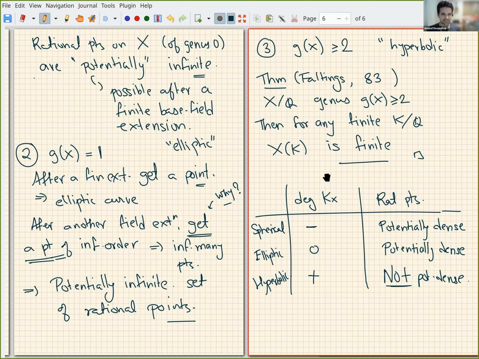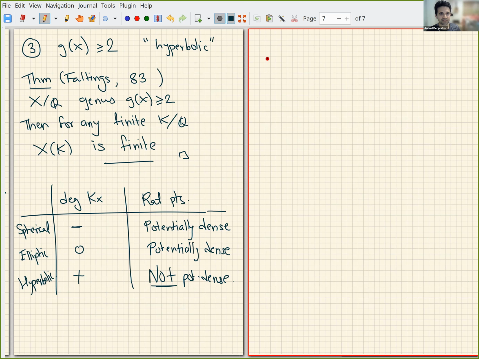And this is a conjecture that a similar story holds in higher dimensions. Conjecture, attributed to Bombieri and Lang. I won't state it precisely. But let's say X over Q is a smooth projective variety.